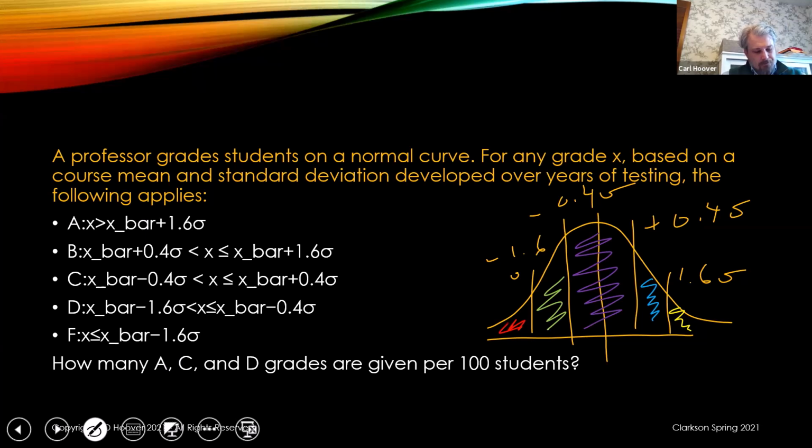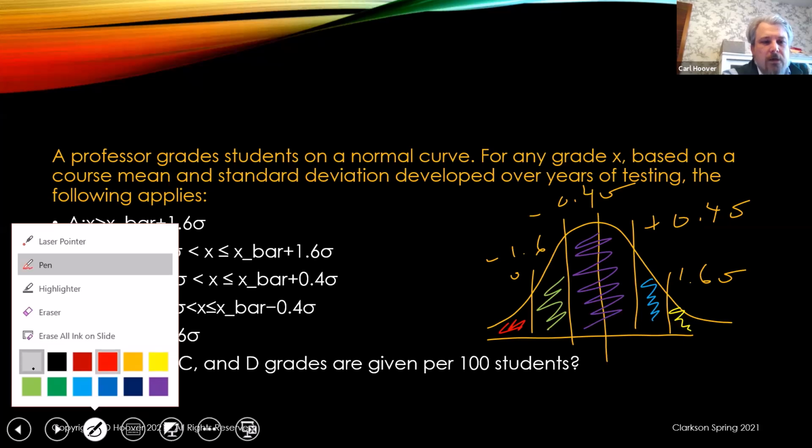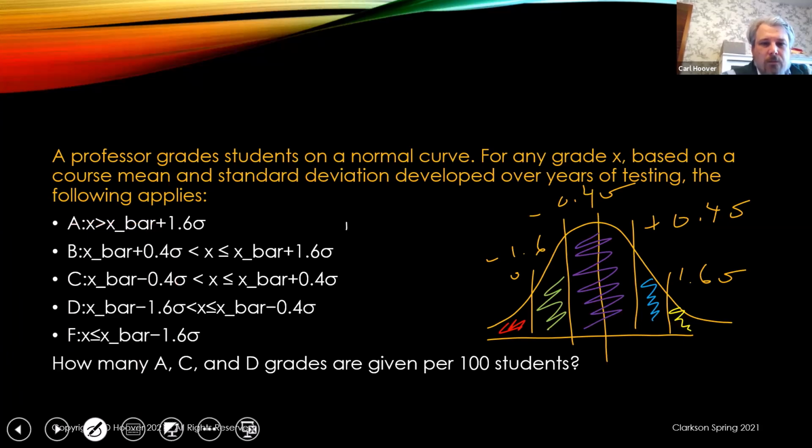So we can just compute the probabilities for ranges. So we can say compute P of 1.6, P of 0.4, and then we can use our basic probability.